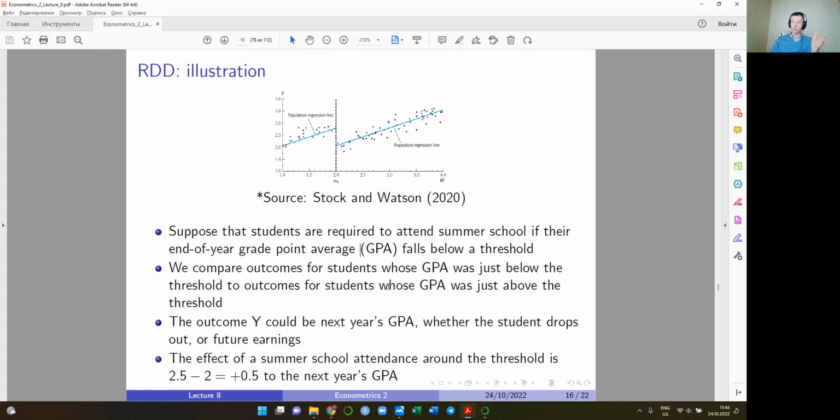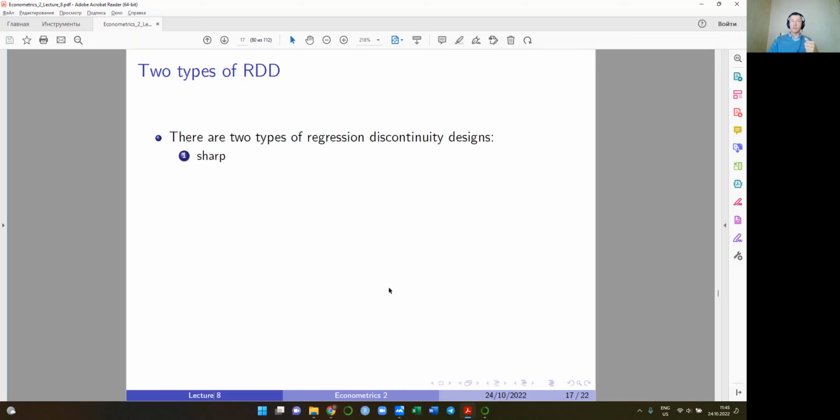If this is the rule, like a strict rule, or if there is something like a decision. Remember, we spoke about following the treatment protocol in the randomized control experiment. So the same situation may occur here. And with this regard, we introduce 2 types of RDD.